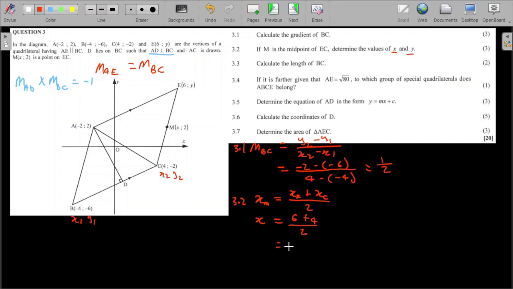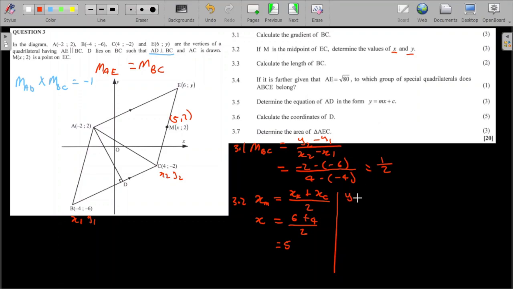That is 6 plus 4 divided by 2, which gives me 5. So that is my M, with x equal to 5.